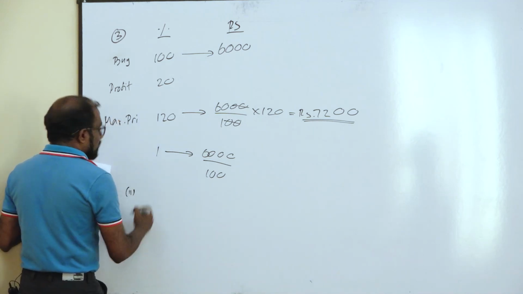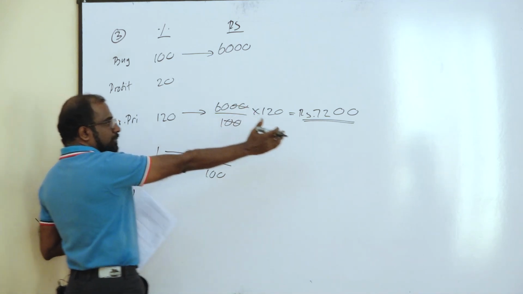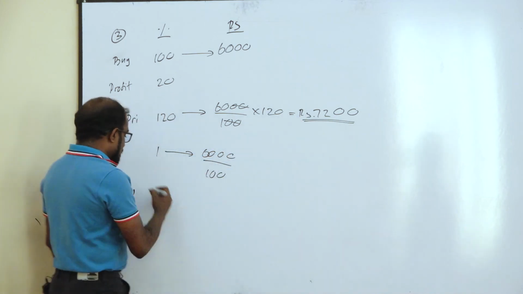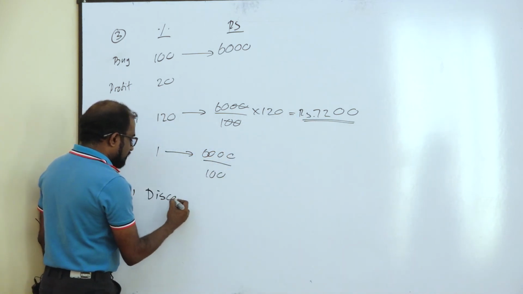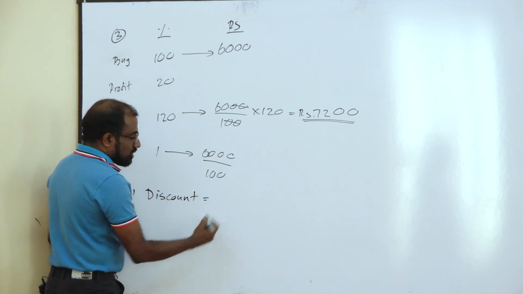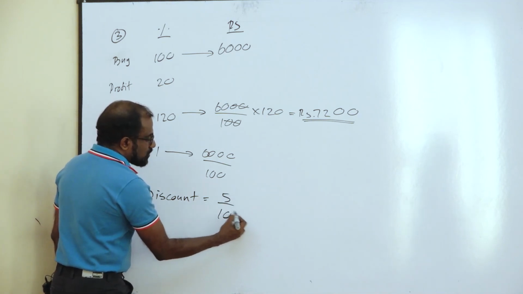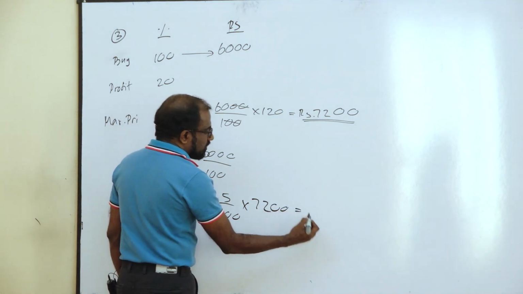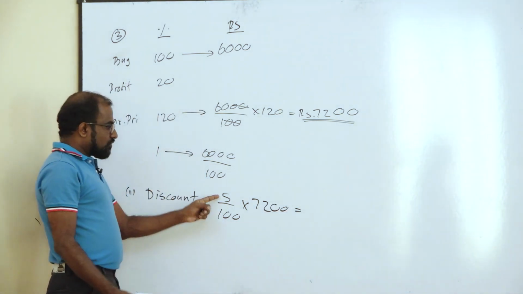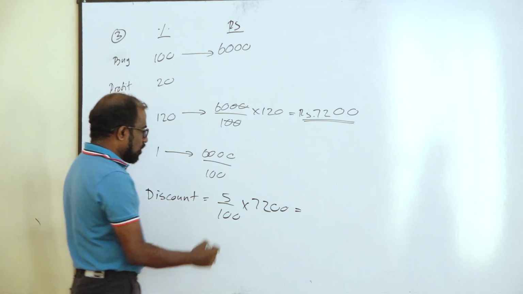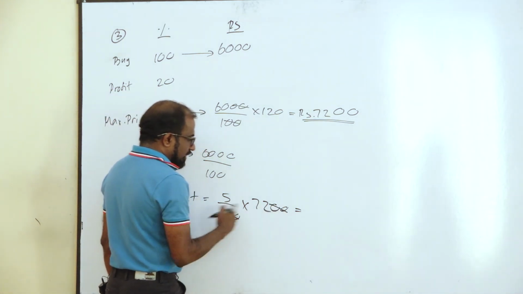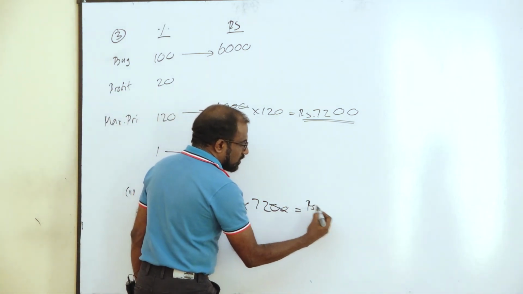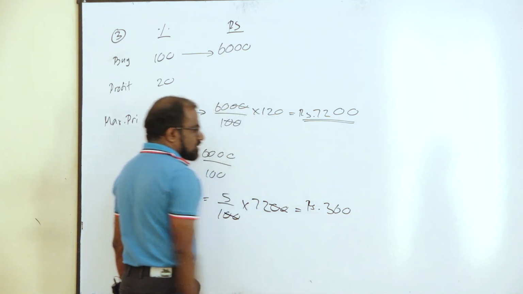What is the selling price? From the mark price 7,200, you give a 5% discount. And how much is the discount? 5%. That is 5 over 100 of 7,200. What is the discount? 5% of 7,200. How much? 5 times 72, 360.